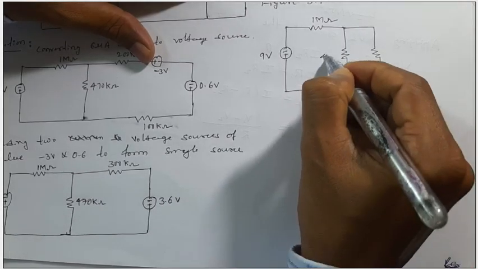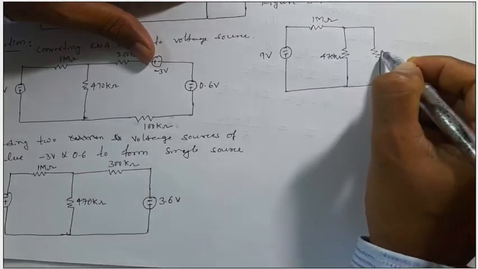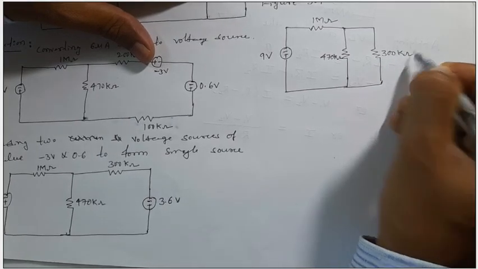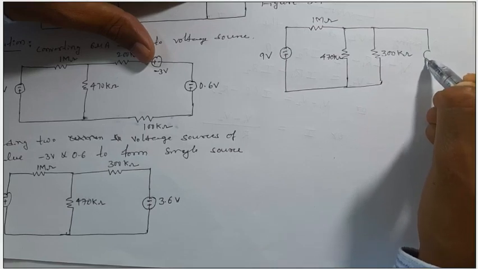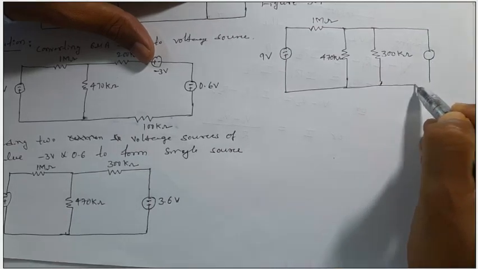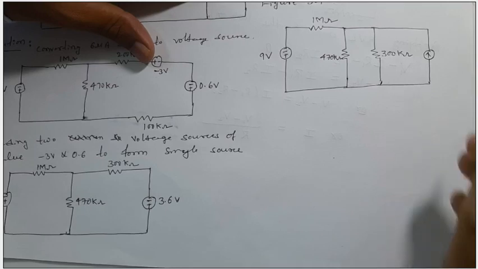This is 470 kilo ohm, now this is 300 kilo ohm, and the 3.6 voltage source will be converted to a current source, and let us find its value.